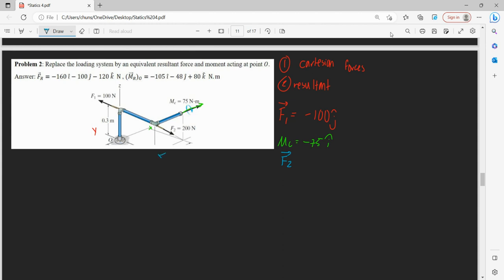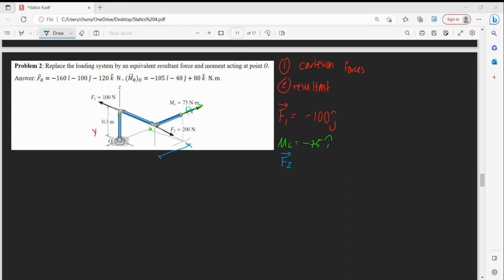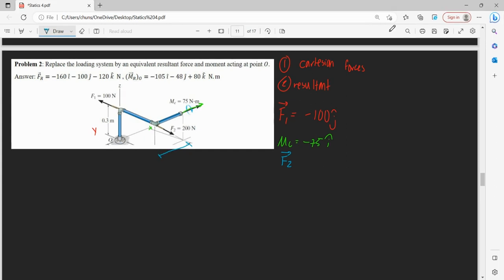sorry, the image got cut off here, this measurement right here is 0.4, and our height is 0.3. So if we were to redraw this, we can look for this angle here, 0.4, 0.3. So we can just use sine ratios. So sine, this is 0.5, right?